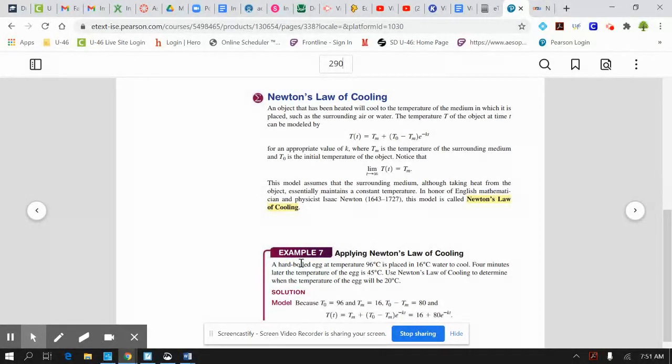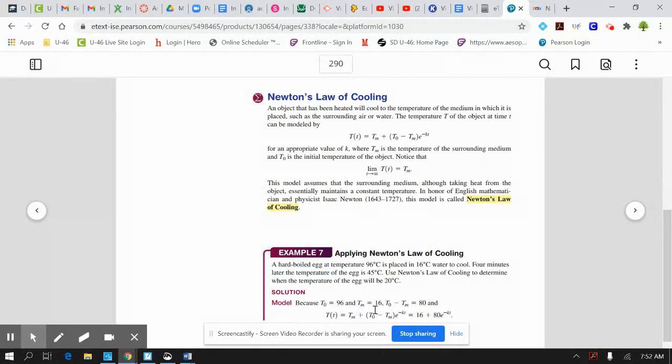This example is: use Newton's law of cooling to determine when the temperature of the egg will be 20 degrees Celsius. The egg's initial temperature is 96 degrees. That's T sub 0, which, looking up here, is the initial temperature. Then it's placed in 16 degree Celsius water to cool.